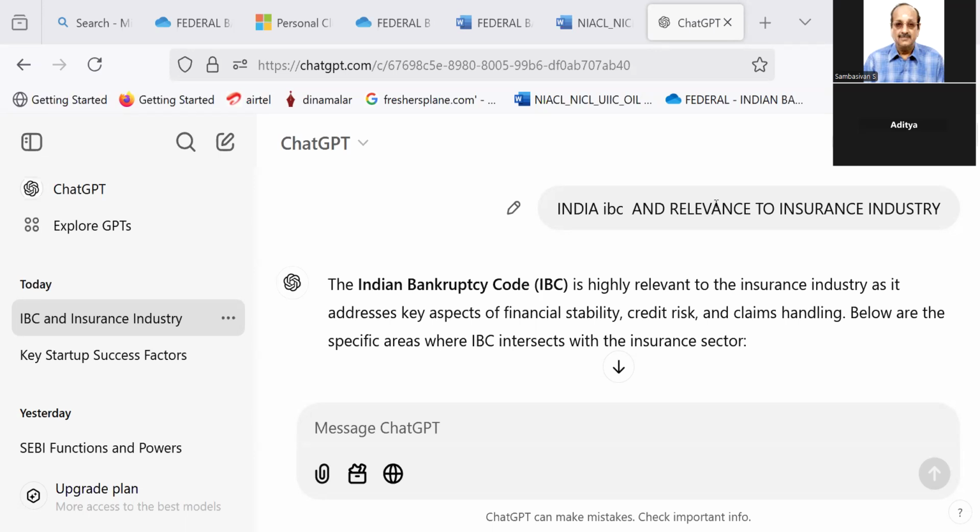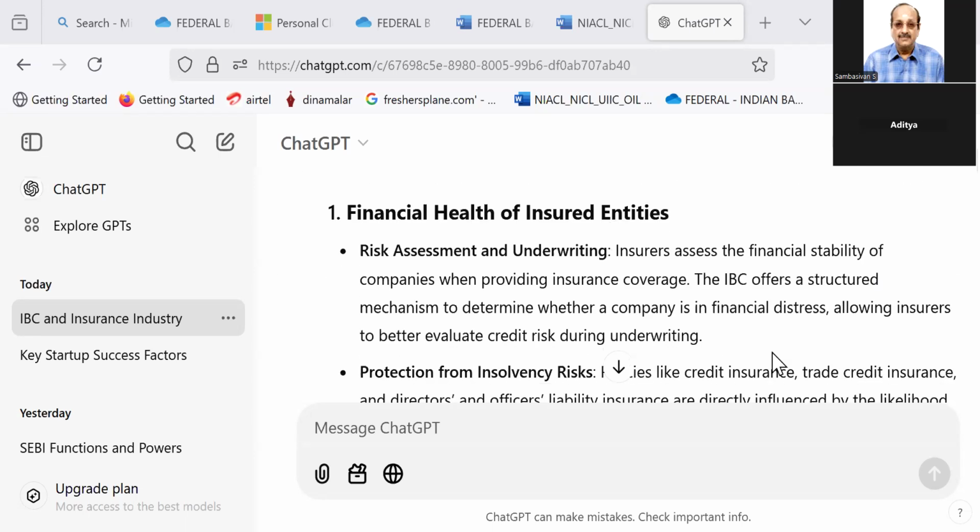The Insolvency and Bankruptcy Code is highly relevant to the insurance industry, as it addresses key aspects of financial stability, credit risk, and claims handling. Below are the specific areas where IBC intersects with the insurance sector. Risk assessment and underwriting: insurers assess the financial stability of companies when providing insurance coverage.